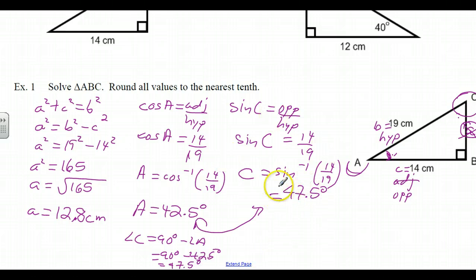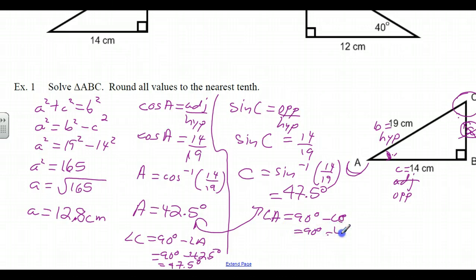Or again, if I had calculated angle C, I would have said angle A is equal to 90 degrees minus angle C, which is 90 degrees minus 47.5 degrees, or 42.5 degrees.